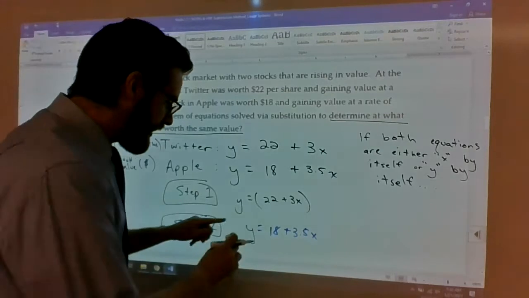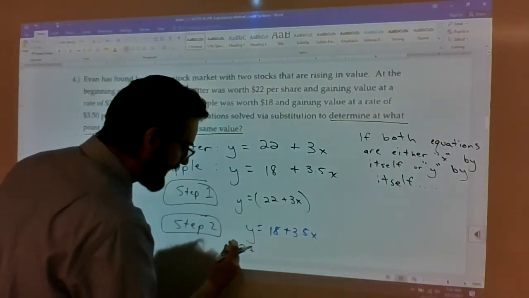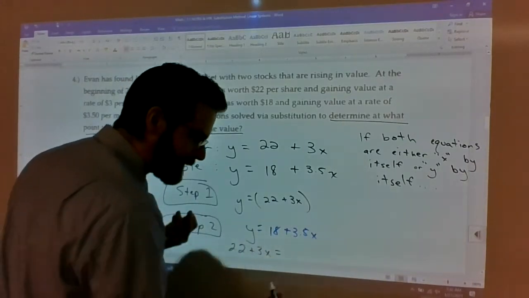So 22 plus 3x is going to go in place of that y value. I don't really need to put it in parentheses because it's not being multiplied by anything.